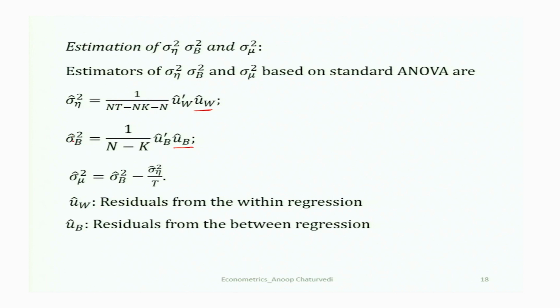Then we obtain sigma hat square B as 1 upon (n minus k) u hat B transpose u hat B. And then using the relation between sigma square mu, sigma square B and sigma square eta, we have sigma hat square mu equal to (sigma hat square B minus sigma hat square eta) upon T. Here u hat W is the residuals from the within regression and u hat B is the residuals from the between regression. So, we can estimate all these variances.